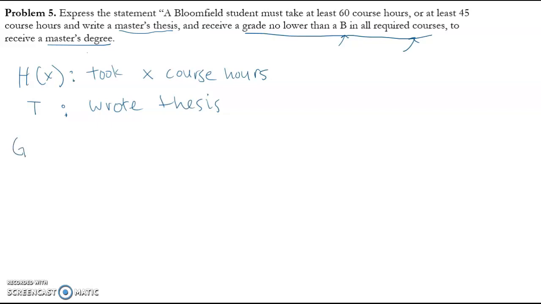So I'm going to come up with G of X comma Y, and I'm going to define this as: receive grade X in course called Y.